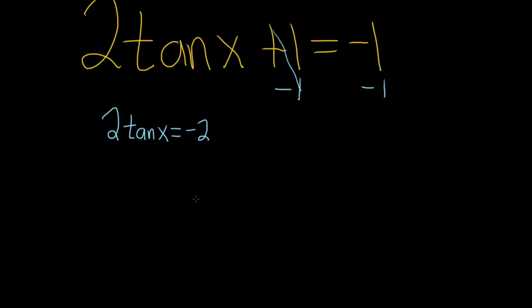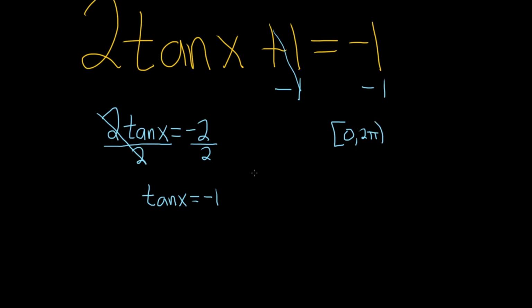All right, so we're almost there. The tangent function is being multiplied by 2, so now we can just divide by 2, divide by 2. So we have the tangent of x, and that's equal to negative 1. And now we have to keep in mind that we are in this interval here.